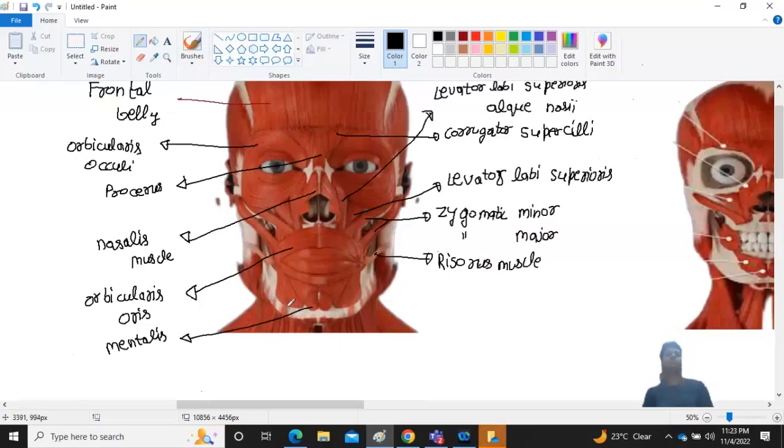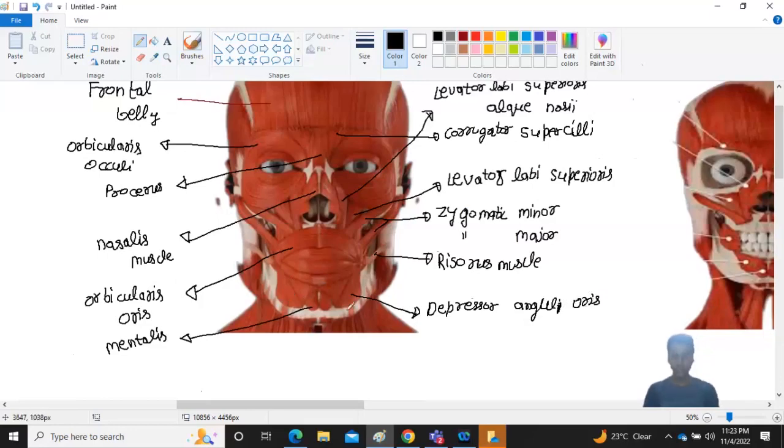Done. And another is this muscle, called depressor anguli oris.